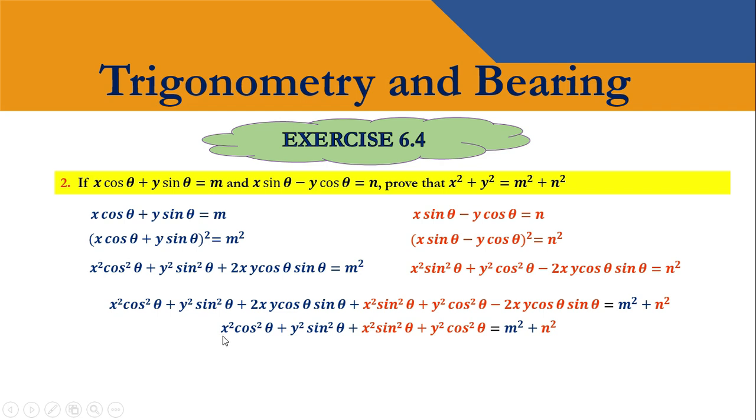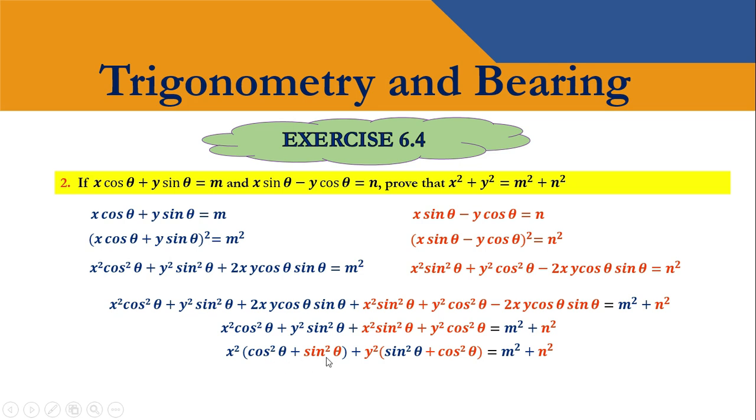Now you can see x square with cos square theta and another x square with sin square theta. So we take x square common, and from the other terms we take y square common. Taking x square common, we get cos square theta plus sin square theta, and taking y square common, we get sin square theta plus cos square theta.